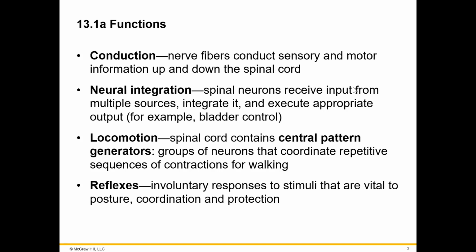These spinal neurons would receive the input from multiple sources, integrate it, and then execute the appropriate output, like bladder control. What happens is your bladder will get distended with urine, and the urine will start to press on the walls of the bladder. Then you're going to have stretch receptors. The stretch receptors are going to sense the compression of the urine fluid against the walls of your bladder.